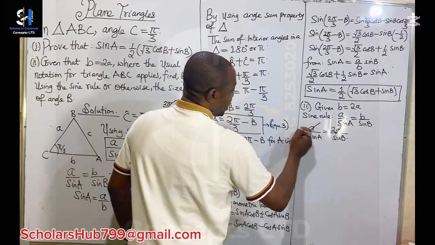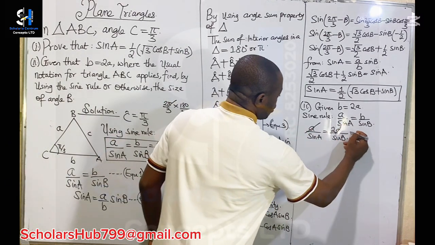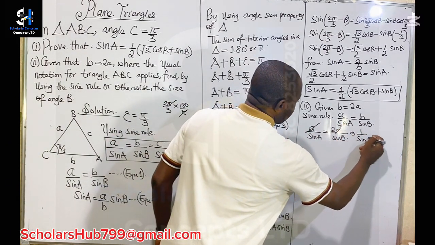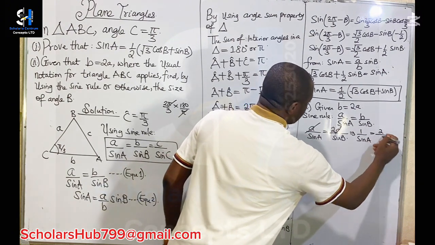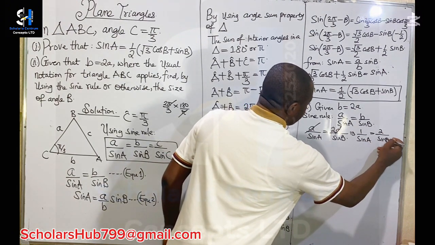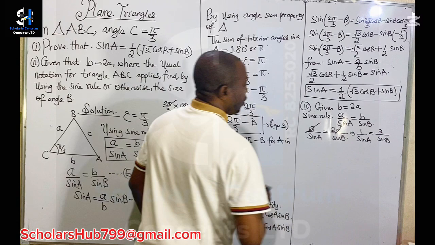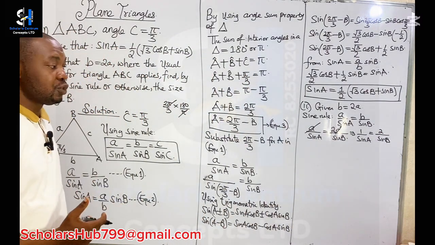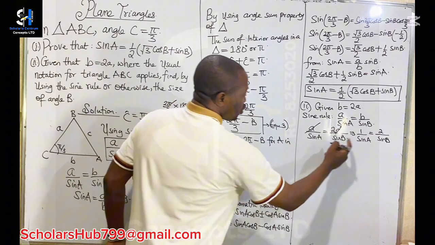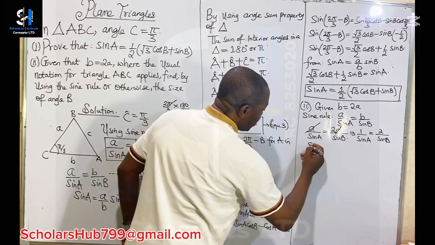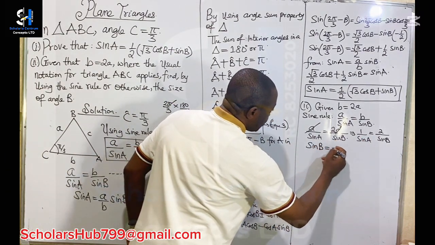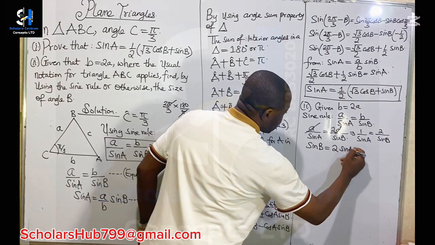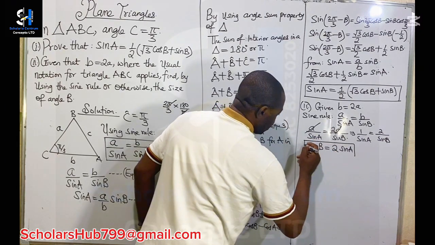Now, dividing both sides by a, this reduces to 1 over sine a equals 2 over sine b. So let's express sine b in terms of sine a. When we cross multiply, we get sine b equal to 2 sine a. So this is very important.